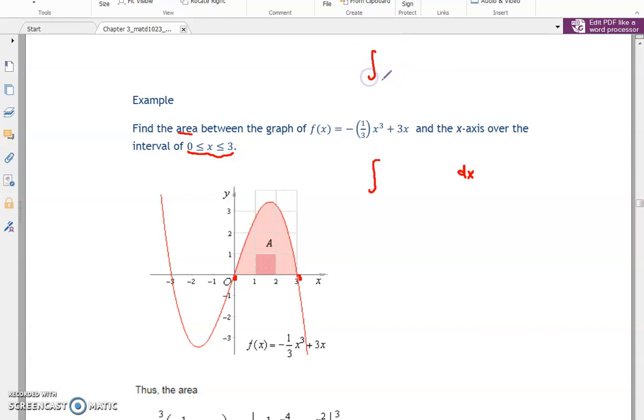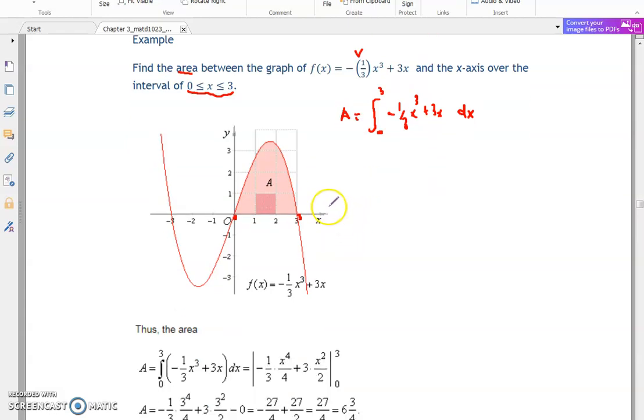Let me write the formula again: it is the integral between a and b of f(x) dx. The values of a and b here are 0 and 3, and f(x) is given as negative 1 over 3 x cubed plus 3x. So we put the integral from 0 to 3 of negative 1 over 3 x cubed plus 3x dx. So you have already set up how to find the area A.